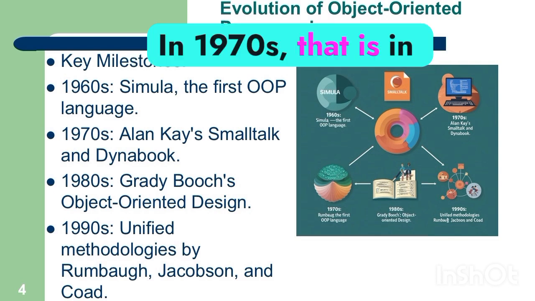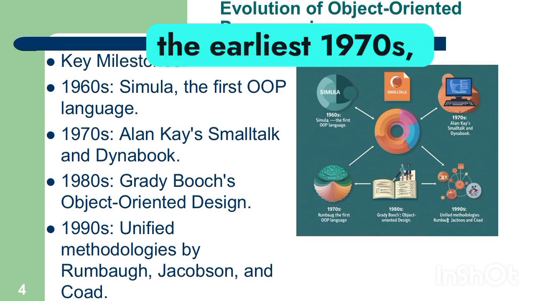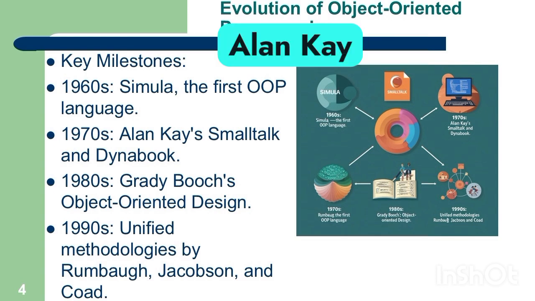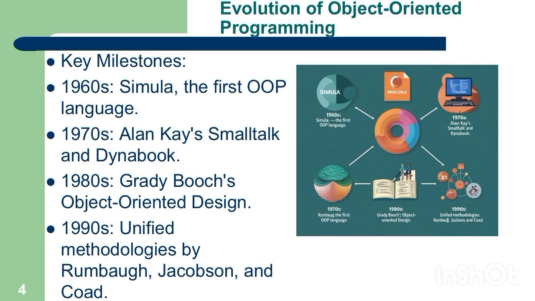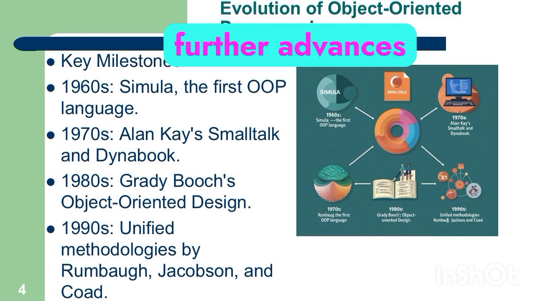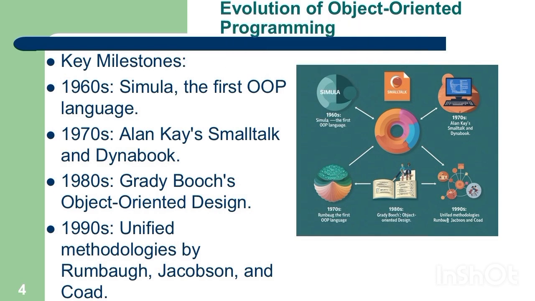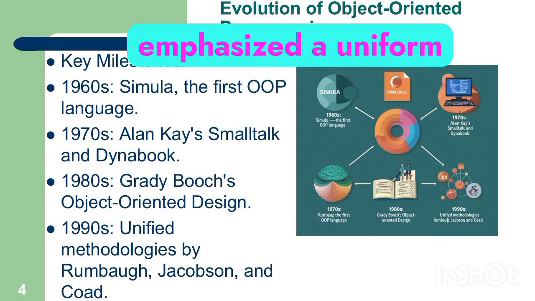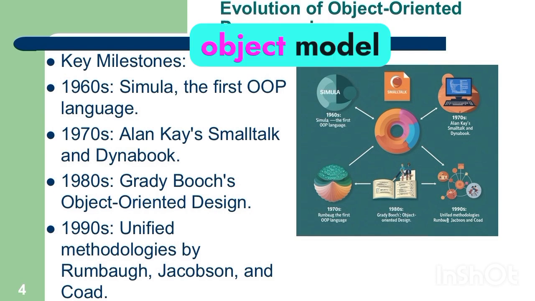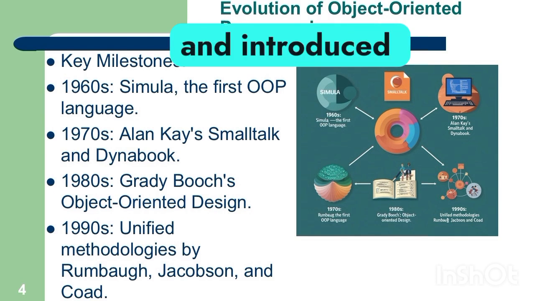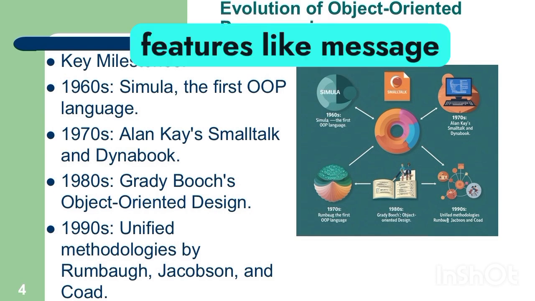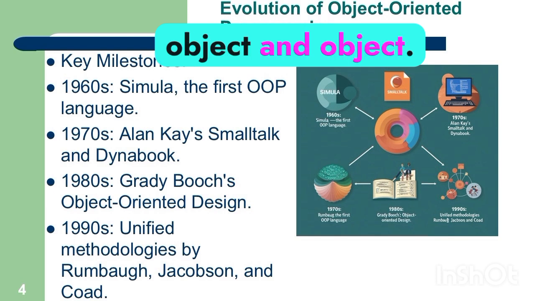In the 1970s, that is in the early 1970s, Alan Kay and his research team at Xerox PARC developed the Smalltalk system. That is a language that further advances object-oriented programming principles. Smalltalk emphasized a uniform object model and introduced features like message passing between objects.